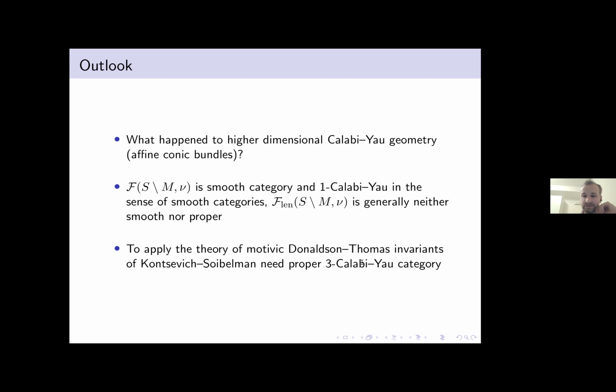But for all that, you definitely need a proper 3-Calabi-Yau category, and this wrapped category is not it. So we'll continue next time to talk about how we can get back to this higher dimensional Calabi-Yau geometry.